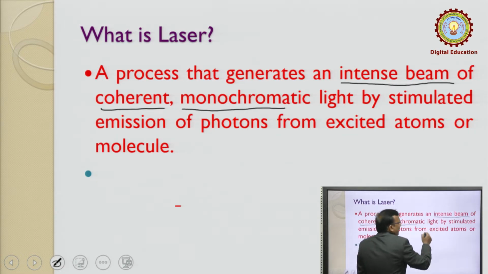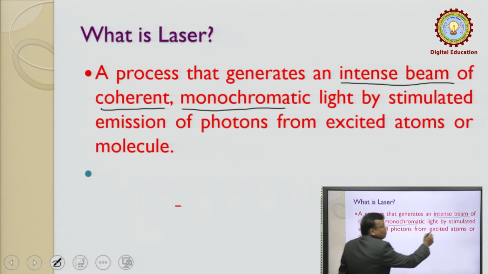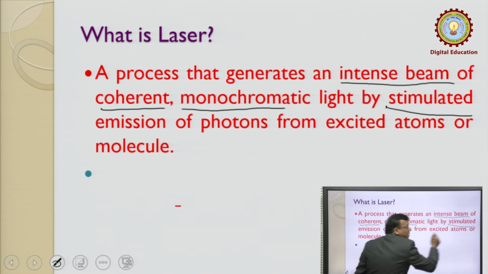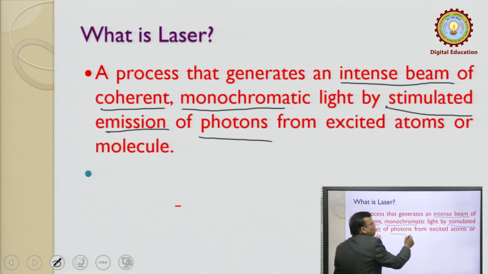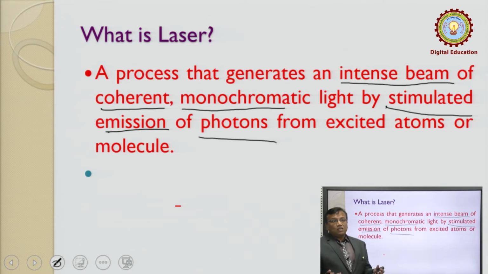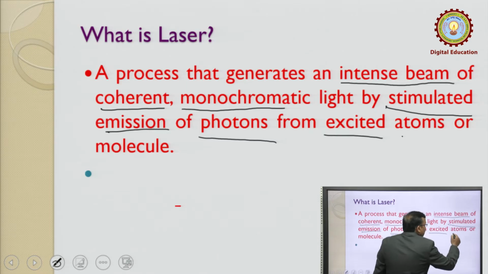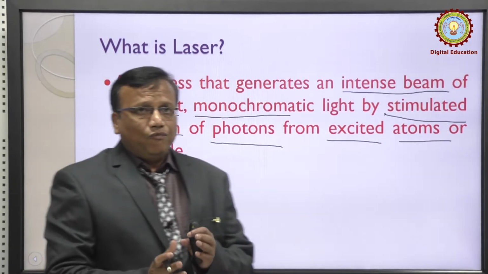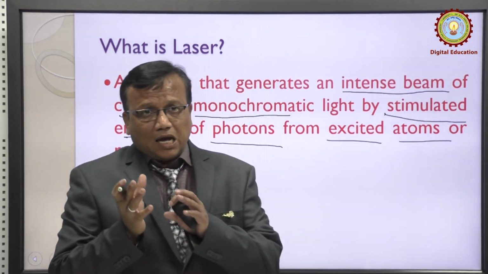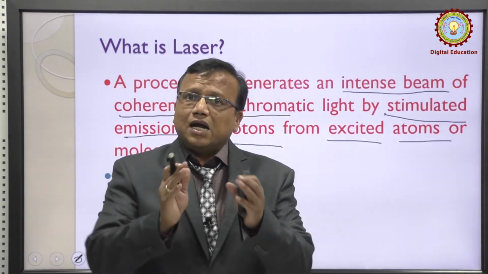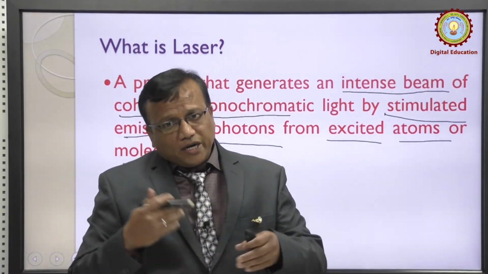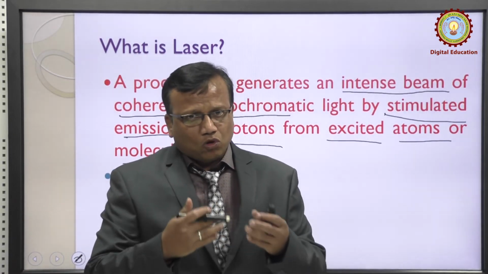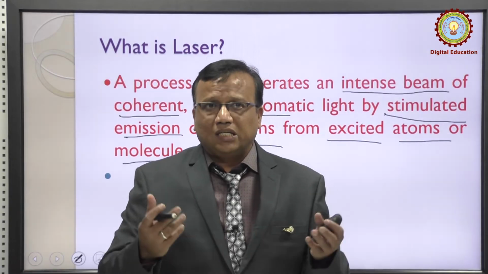We generate this light by stimulated emission of photons, and these photons are in the excited state, from the excited atoms of a molecule. So, we have seen that the acronym of laser and the definition of laser are correlated with each other, or we can say they are complementary to each other.